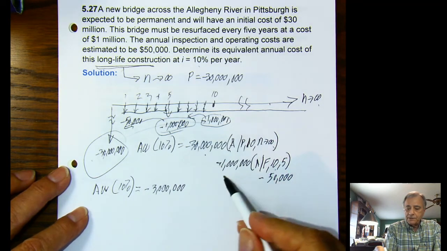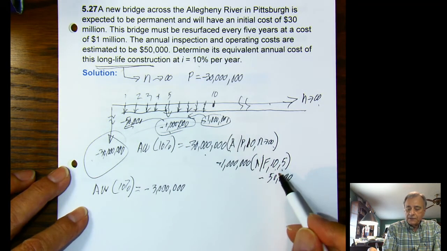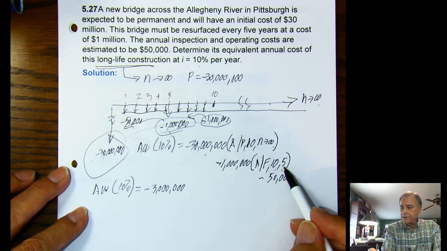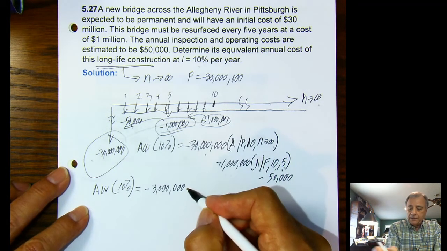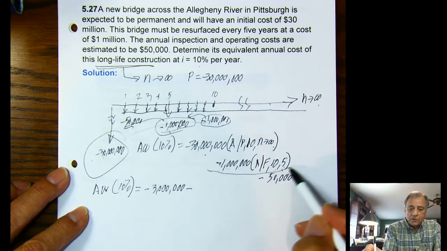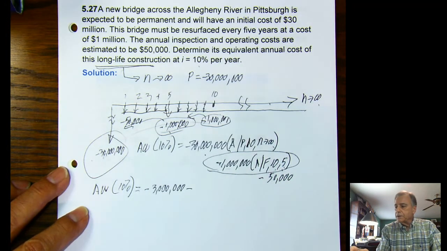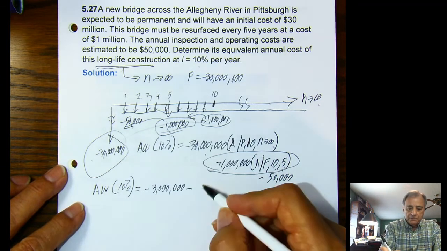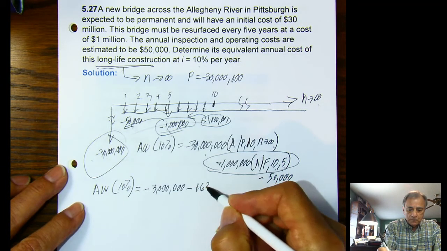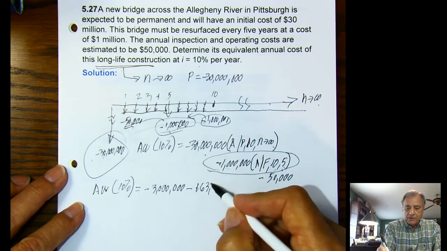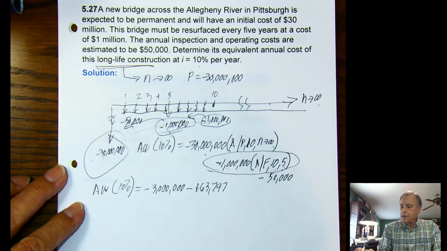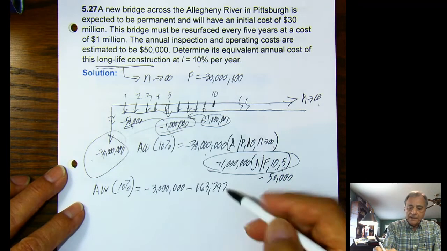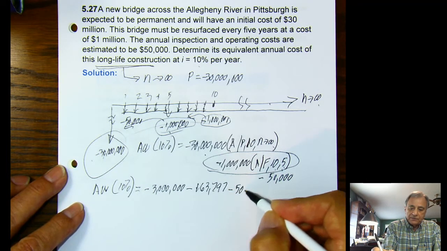And then this is times A given F, 10% for 5 years. If you compute this quantity using your app, you're going to get minus 163,797, and then you have added to that a minus 50,000.